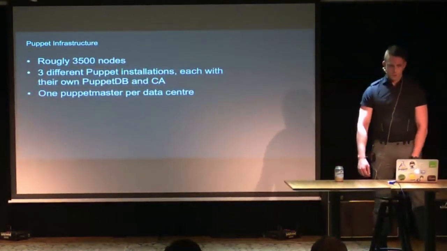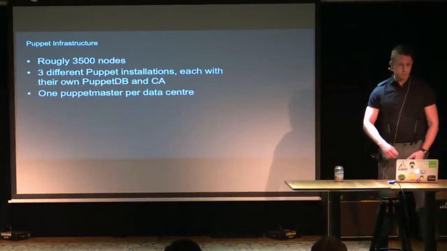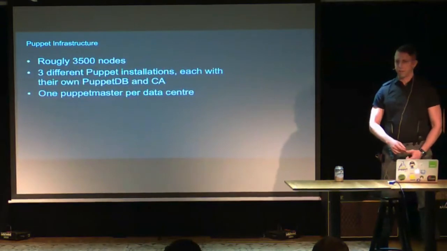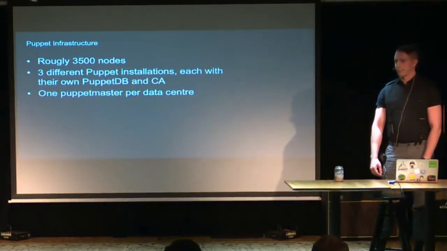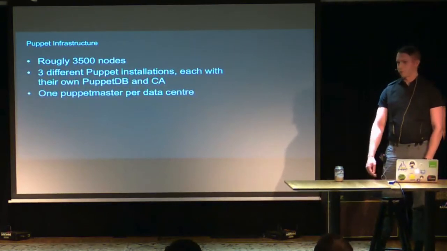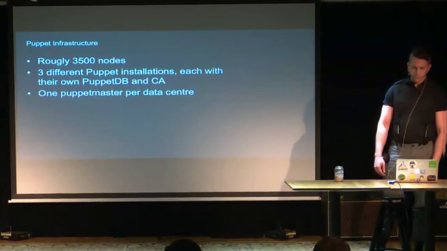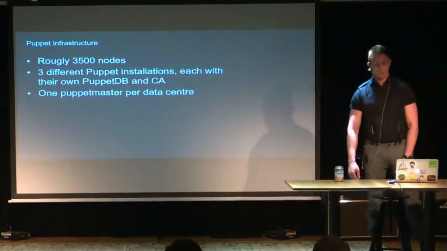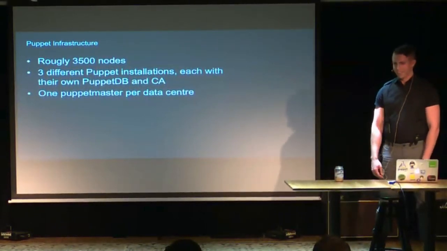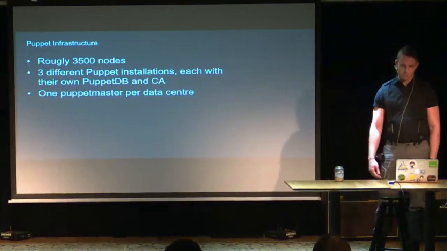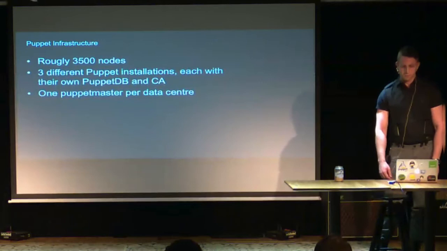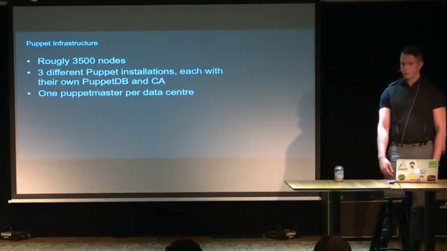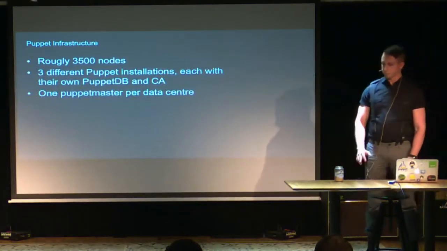So to talk a bit about our Puppet infrastructure, we're managing roughly 3,500 nodes at the moment using Puppet. And that's both servers but also laptops and desktops. So it's a mix of Linux servers and Windows and Mac OS laptops. There are 3 different Puppet installations.